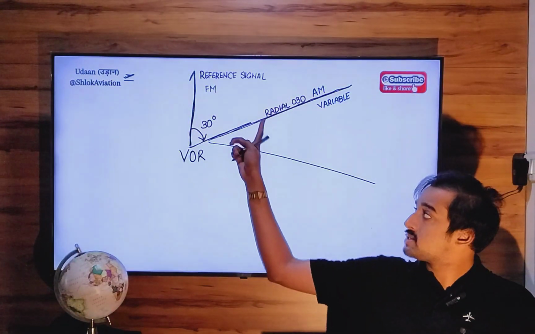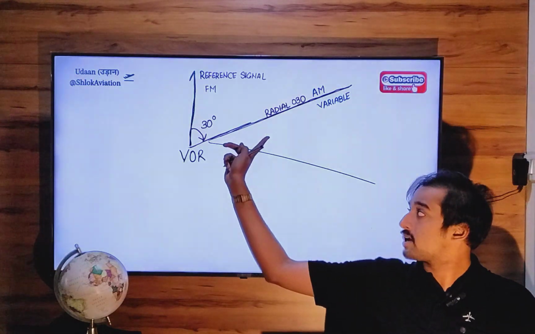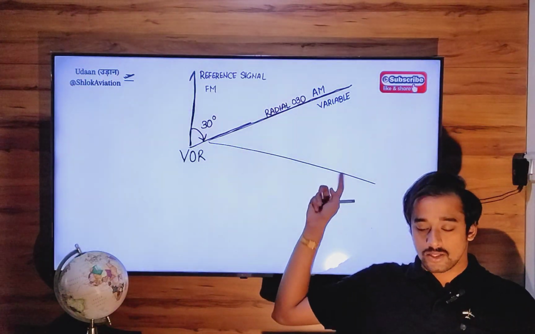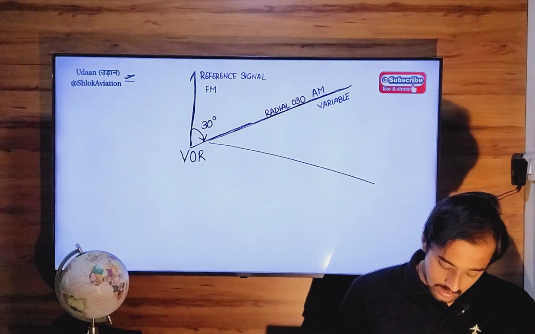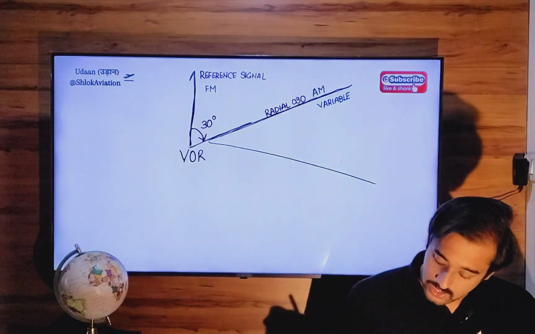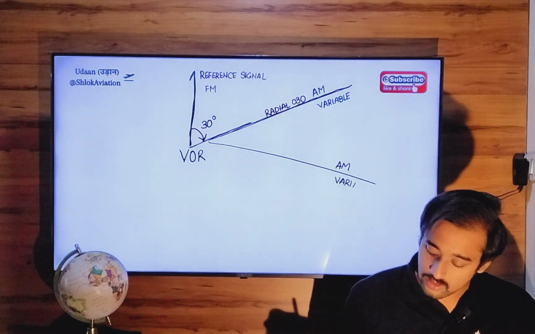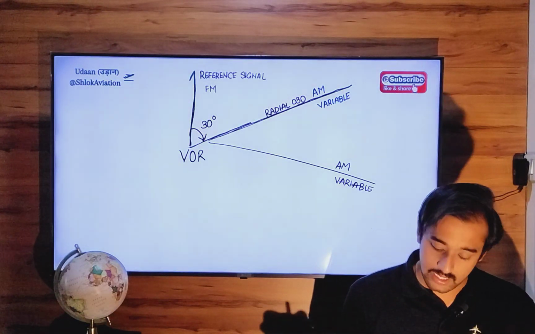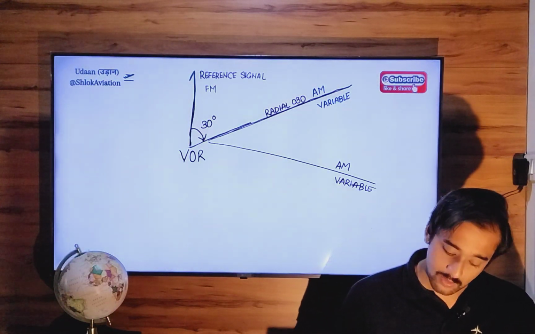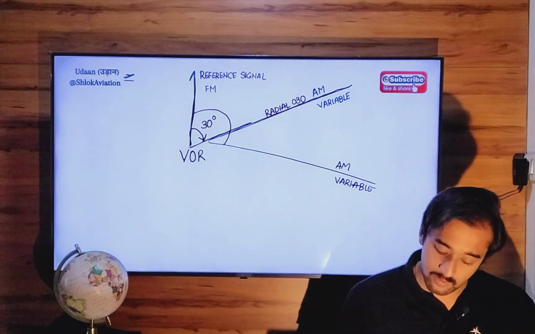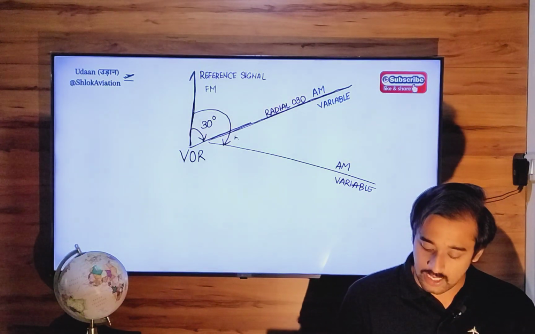Now when this variable signal continues its rotation and comes in this direction, the phase difference between the reference wave and the variable wave will be, let's say, 50 degrees.